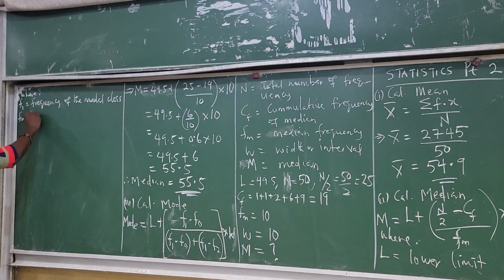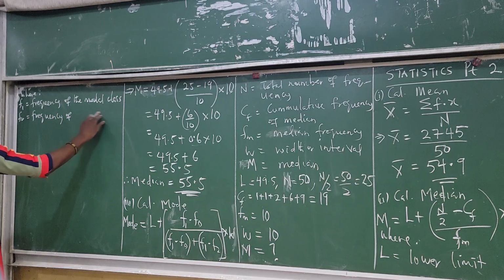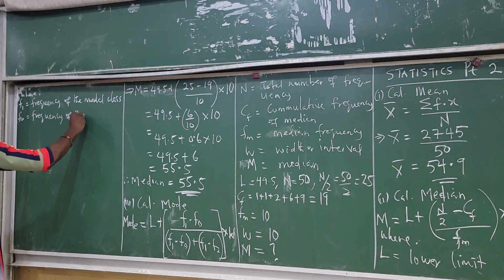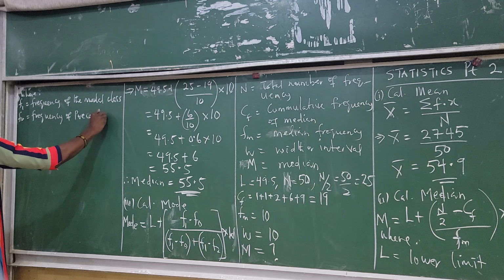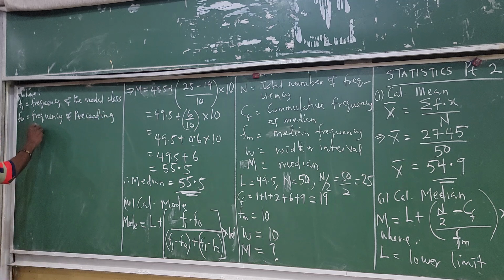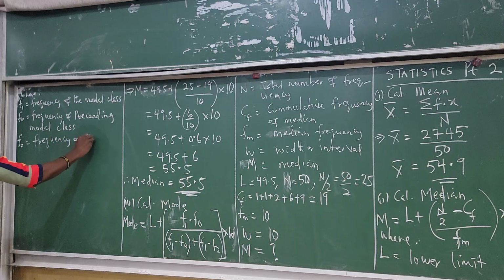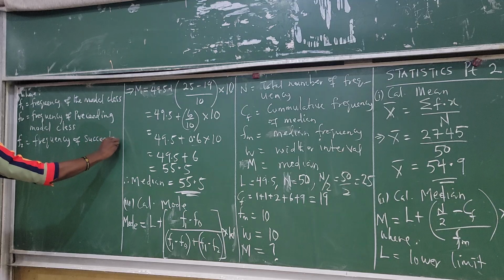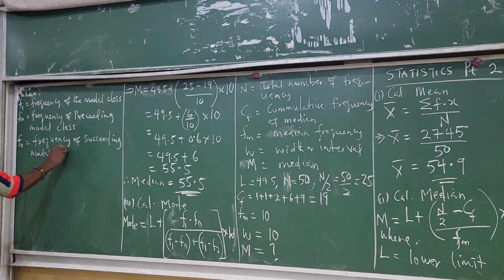F0 is the frequency of the preceding modal class, F2 is the frequency of the succeeding modal class, and your L is the lower limit.